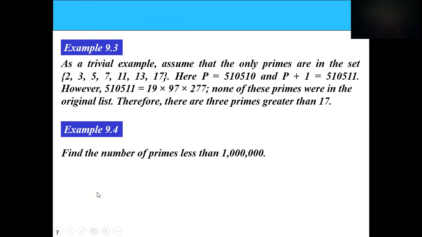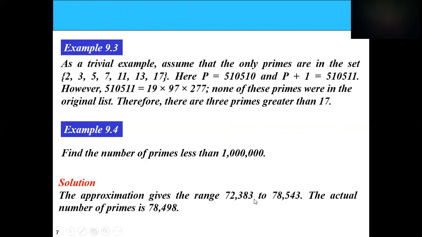If I take 10,000 and want to find the number of primes less than it, I have to find the upper and lower bounds. The lower bound is 71,383, the upper bound is 78,543, and the actual number of primes is 78,498.